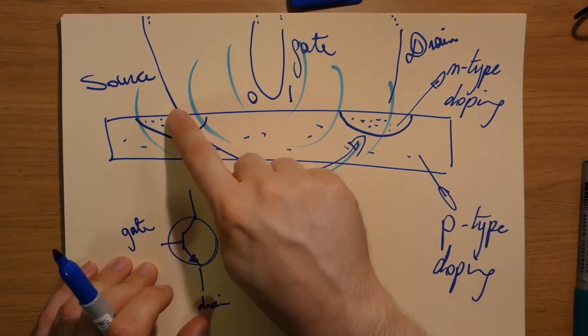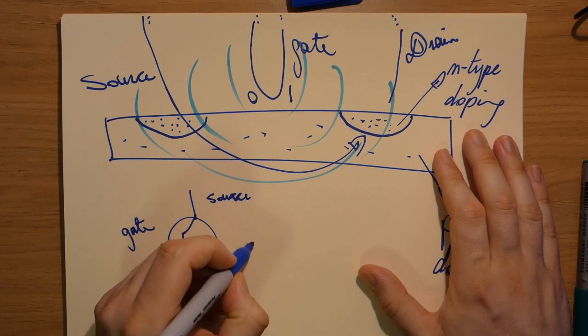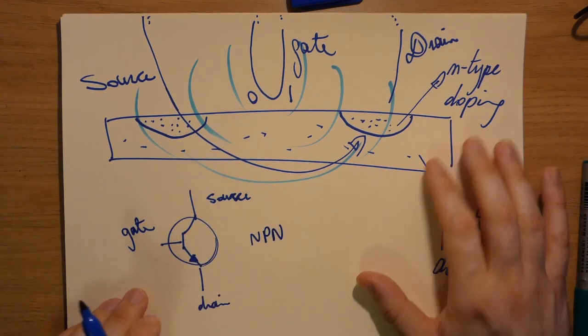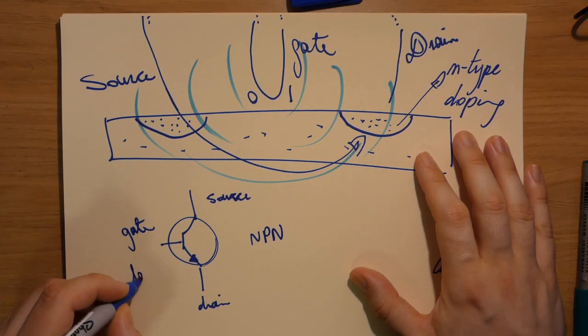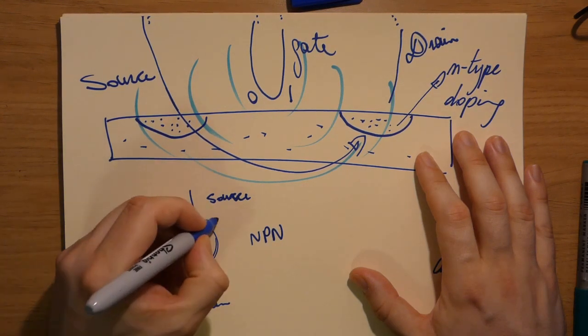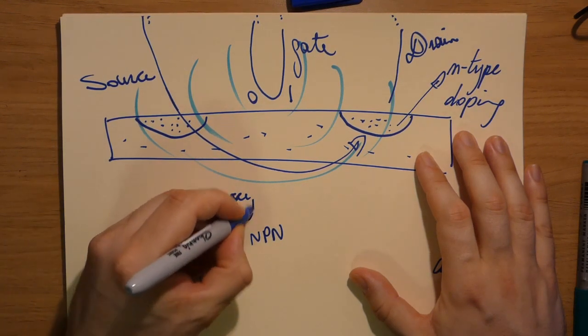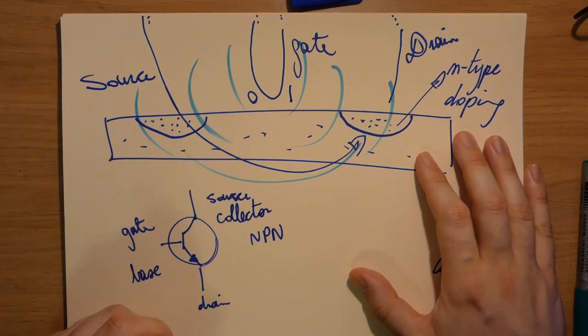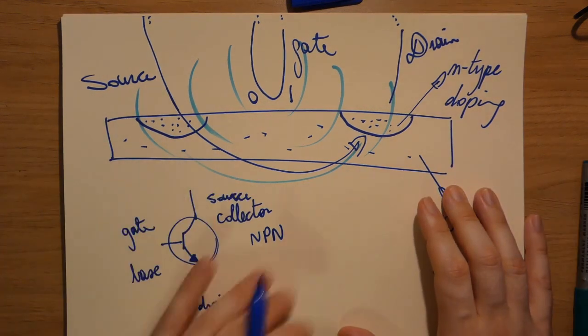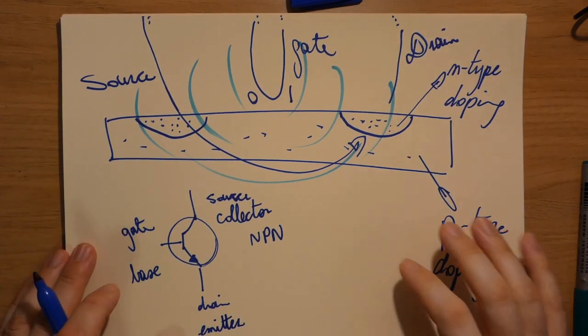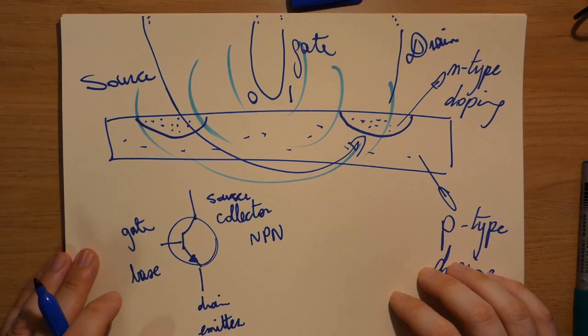And this would be an NPN type of transistor. A different terminology you might see is a base, the collector, and an emitter. Now, why the double terminology, I don't know, but that's what they use.